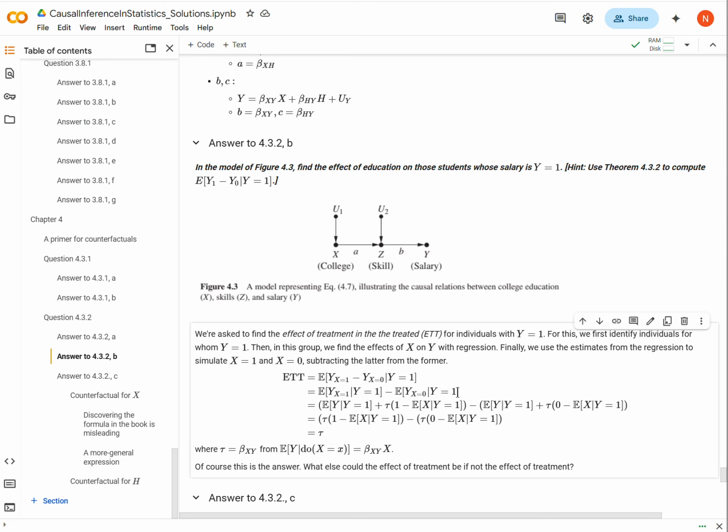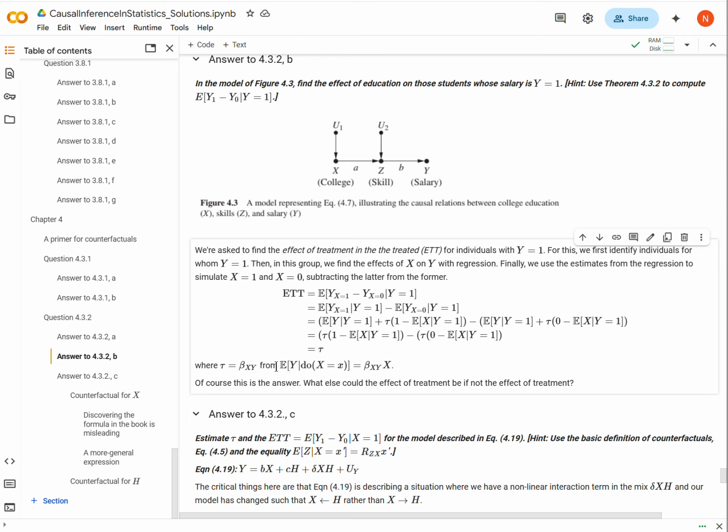Theorem 4.3.2 gives us this expression right here, or a version of it, and we come out with tau, where tau is just the beta coefficient for X in the regression of Y on do X. That's what it comes out to.